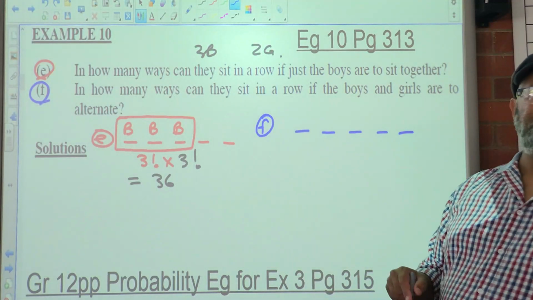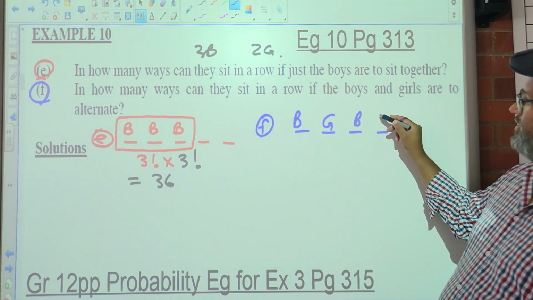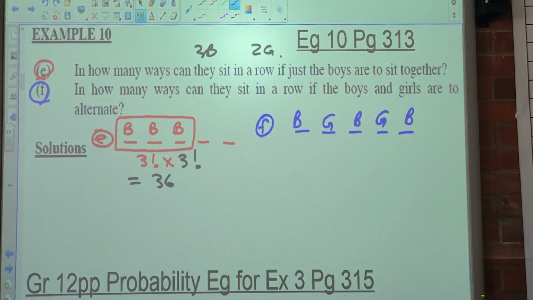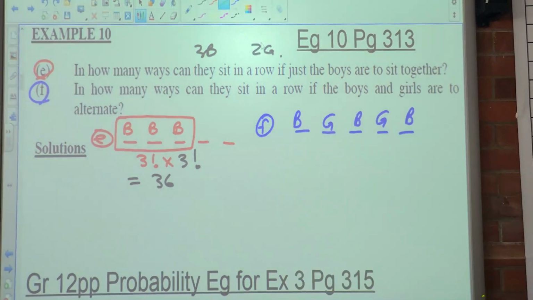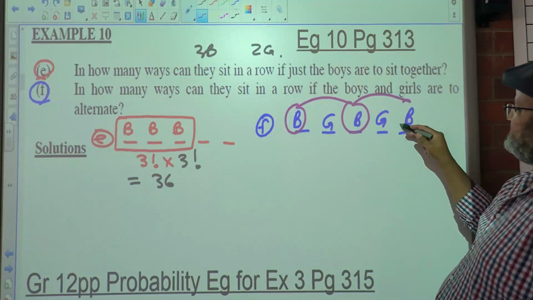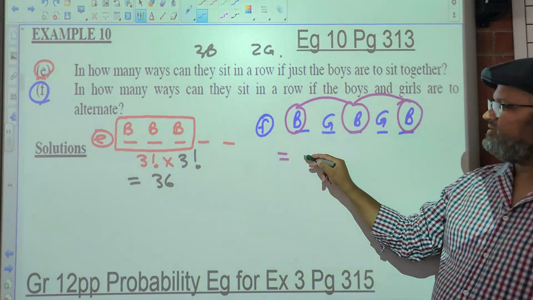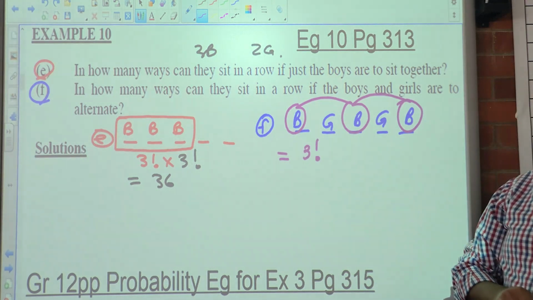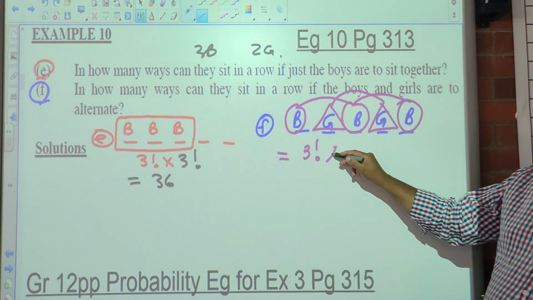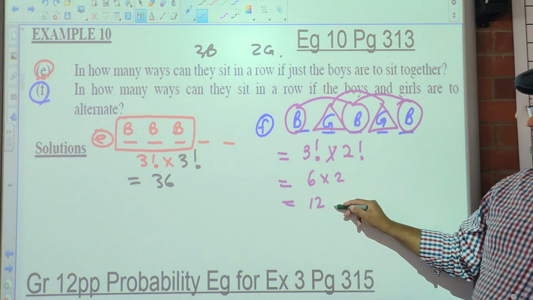There's more boys than girls. So we start off with a boy, girl, boy, girl. Not so. Now considering where the boys are sitting. How many ways can the boys sit in those places? 3 factorial ways. Not so. How many ways can the girls be seated in their places? 2 factorial ways. Which is 6 times 2, which is 12.